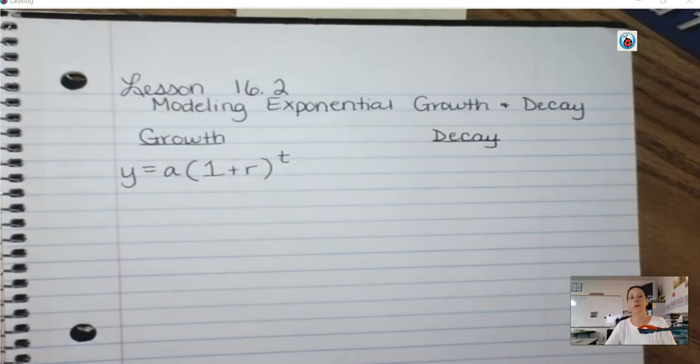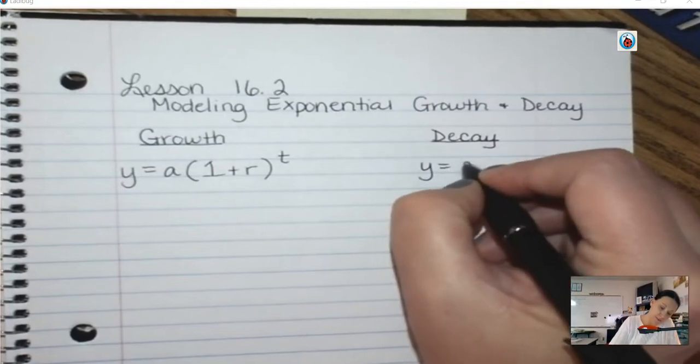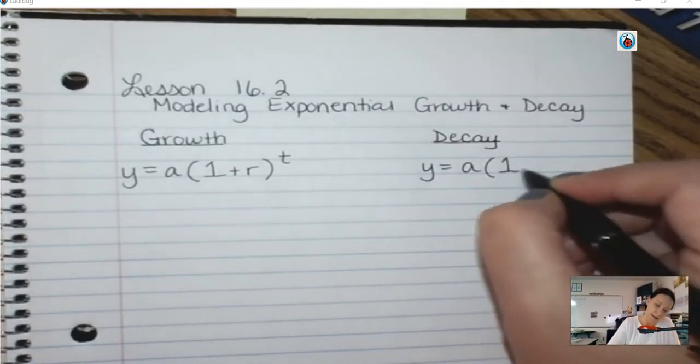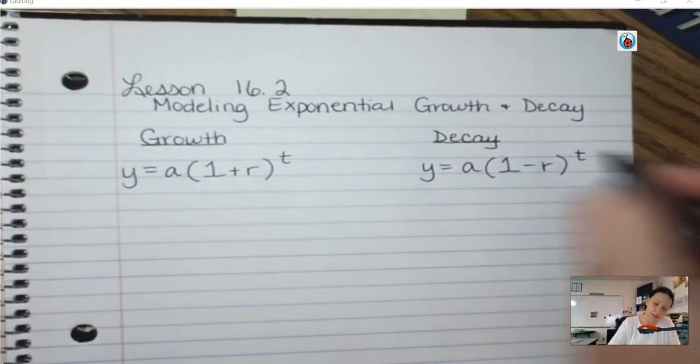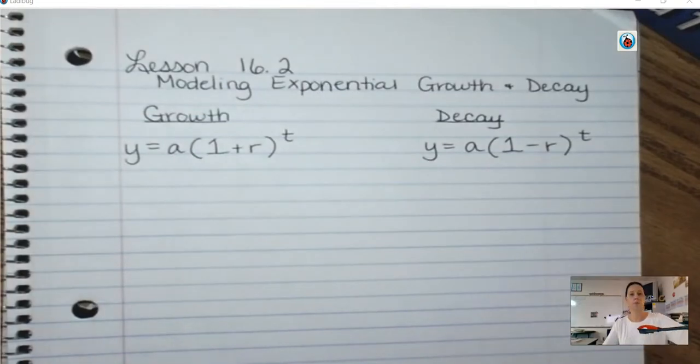The decay model is y equals a times the quantity 1 minus r raised to the t power.